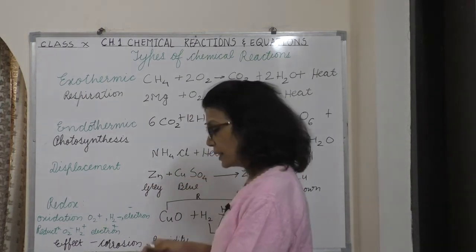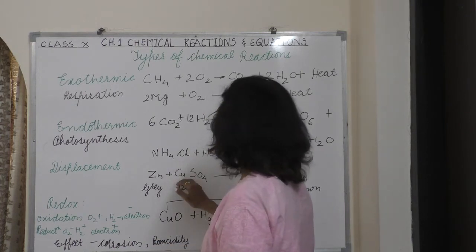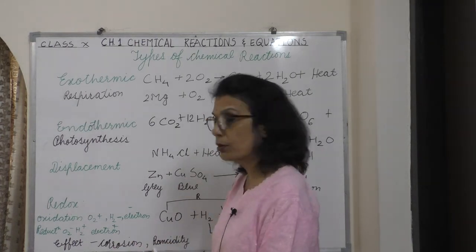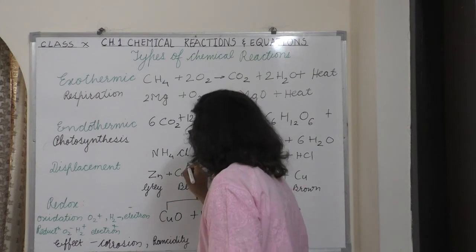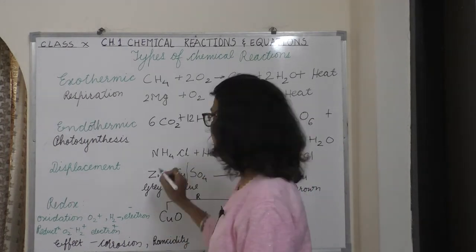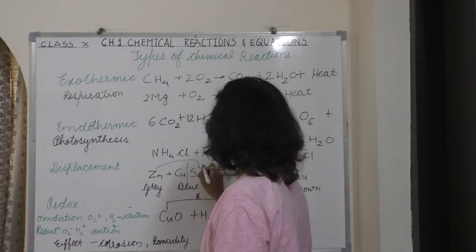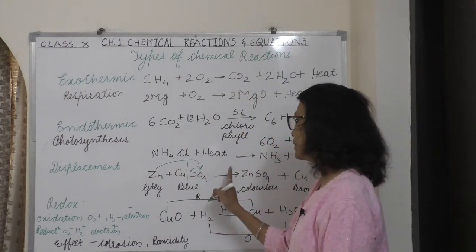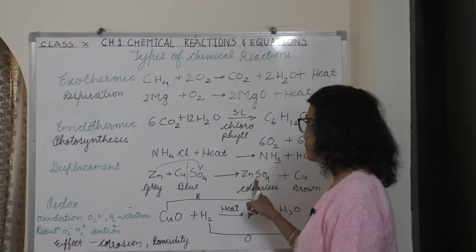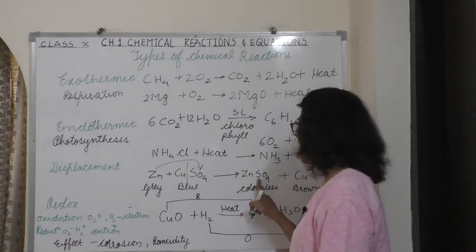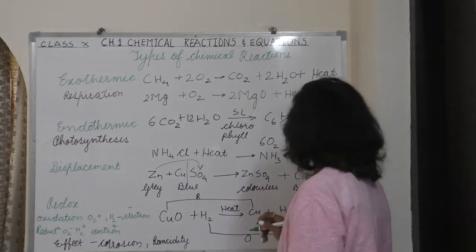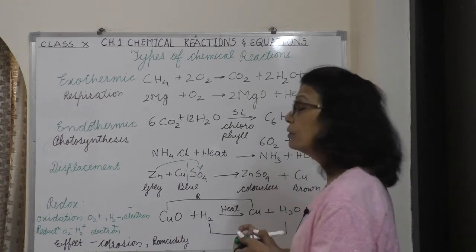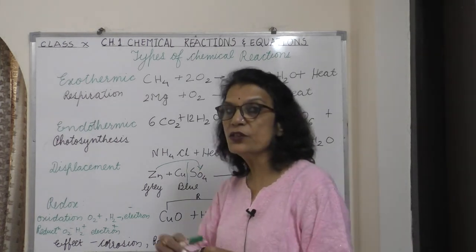In copper sulfate, copper is weaker and sulfate is stronger. So it is going to break down and zinc is going to combine with sulfate. On reaction we will get zinc sulfate as well as copper.